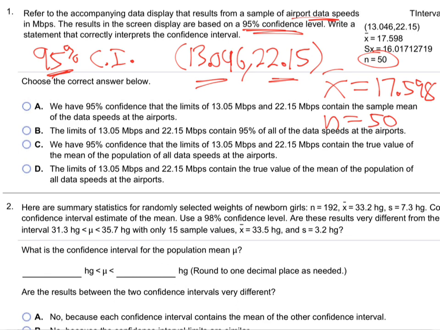Well, that's why we form confidence intervals. We can become 95% confident that the real average, the true average, is around this 17.598. It's below it by 4 or above it by about 4. See how that 13 and 22 are about, subtract 4, add 4. 17.6 is right in the middle of 13 and 22.